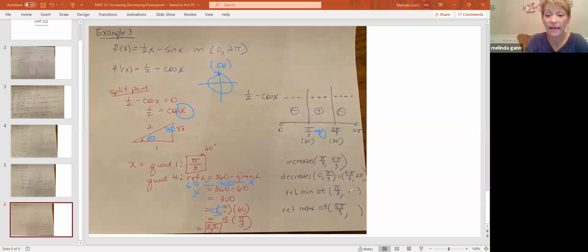Now, how do I get these answers right here? I'm going to have to go up here and plug them in my original. So I'm going to have to take my scientific calculator and say 1/2 times, and I'm going to put pi over 3, you know, like about 3.14, and then minus the sine of pi over 3.